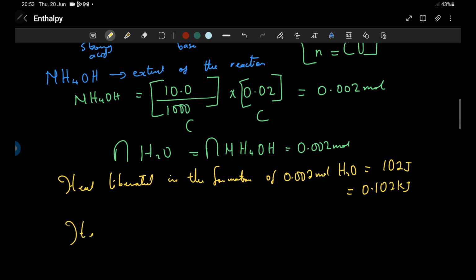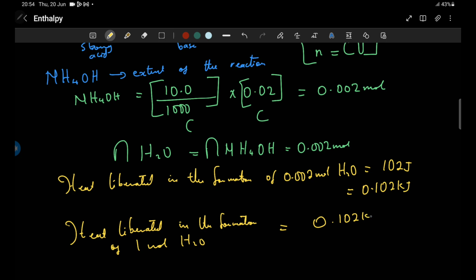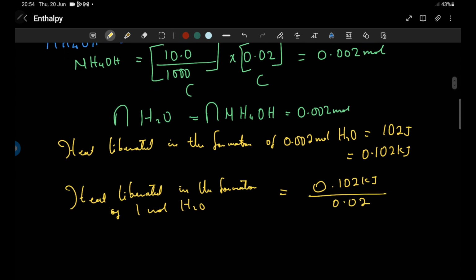Then heat liberated in the formation of 1 mole of water. We subject this, that's 0.102 kilojoules over 0.002 moles, and that will give us 51 kilojoules.